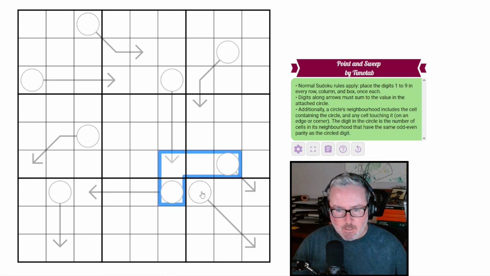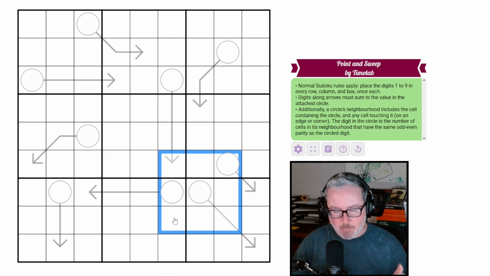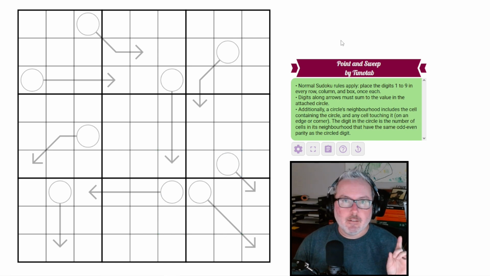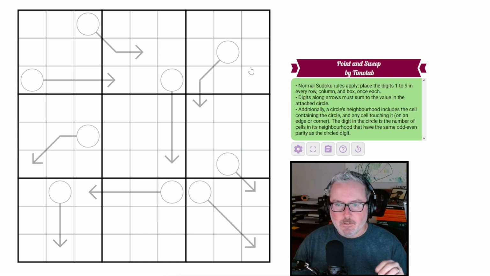So the neighborhood would mean that if this is a 4, there have to be 4 even digits in the neighborhood, including this one and 3 others. I'm going to go with that, because now that I've read it a couple more times and processed it, that seems like what's going on here. So that's it. Those are the rules. So it's arrows, but with a little twist to it. It should be fun to get into.